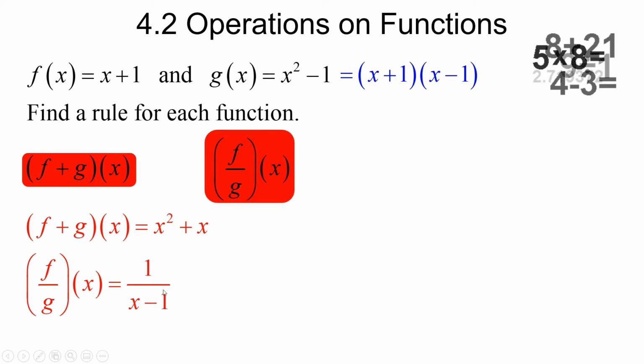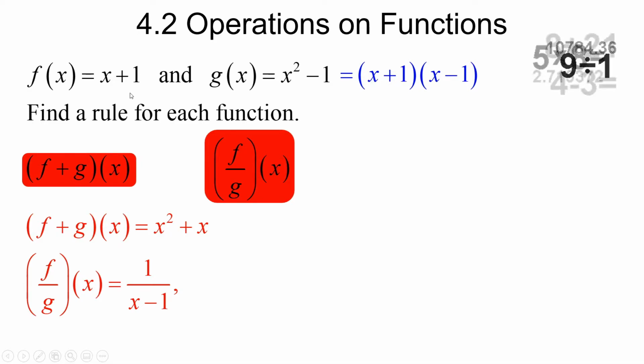But this leads to a very common mistake. There's going to be a domain restriction here, and it's obvious to me that x cannot equal 1. But when you talk about the domain of a quotient of functions, you've got to think about what you originally had before you simplified.